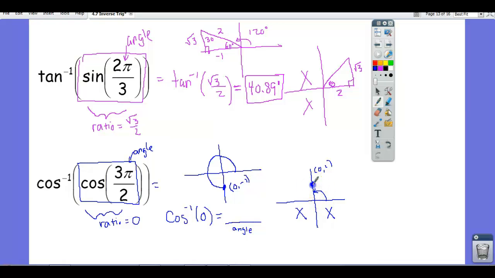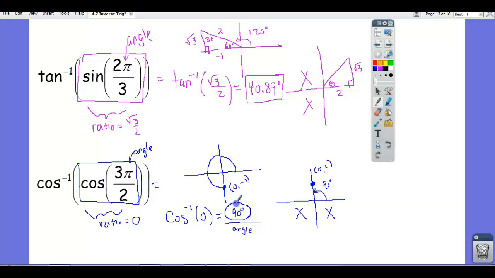Because if you rotate 90 degrees on the unit circle, you'd be going through the point 0, 1, and the cosine would be the x-coordinate, 0. So 90 degrees is the angle that when you take the cosine of it, you get 0. It's that angle on the interval 0 to 180 degrees, or 0 to pi.